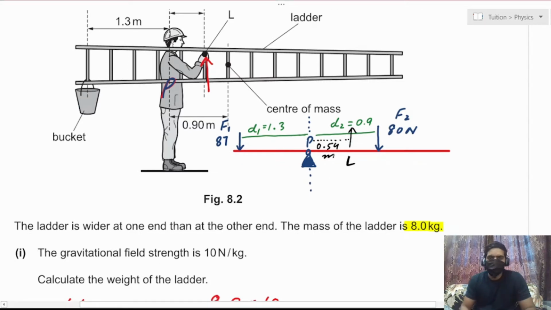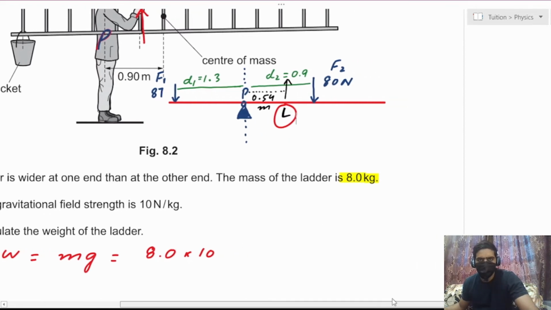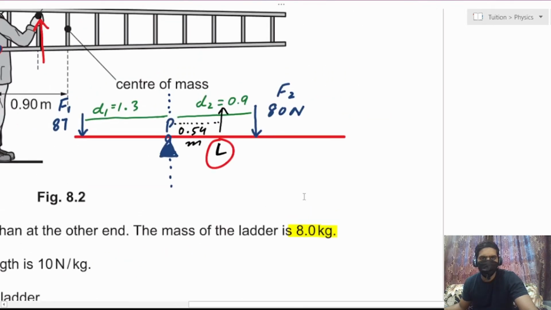All right, so now let's apply the principle of moment in order to find the force L. Okay, we need to find the force L, so let's apply the principle of moment. I'll be applying over here. Let's enlarge this one.